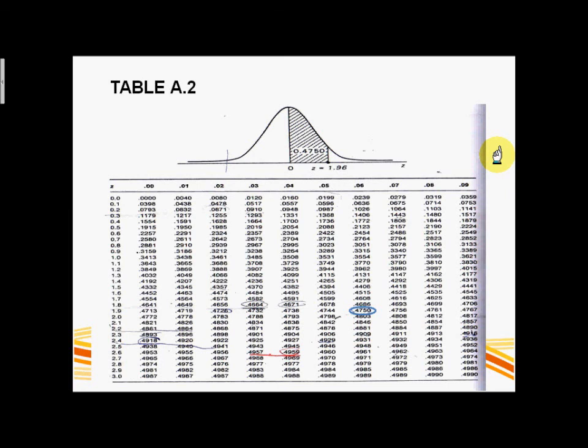As we know, the half value under the normal distribution curve is equal to 0.5. Then, we subtract 0.025 from 0.5 and we get 0.475. From the table, we find that the value of 0.475 corresponds to 1.96.